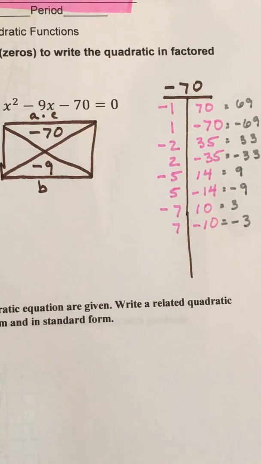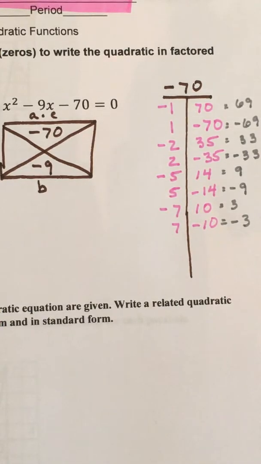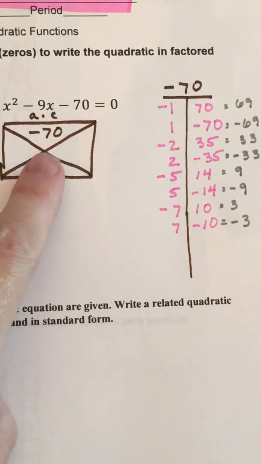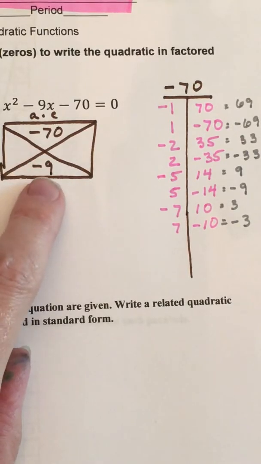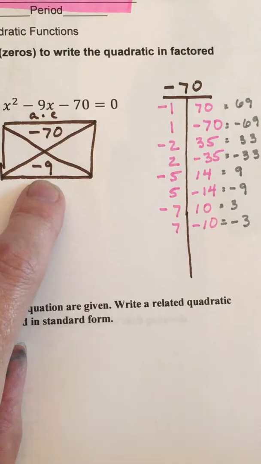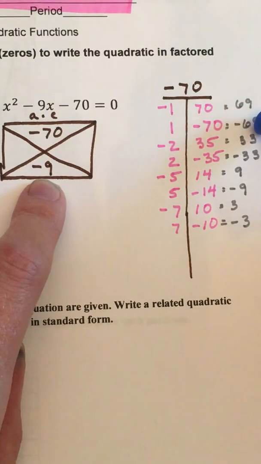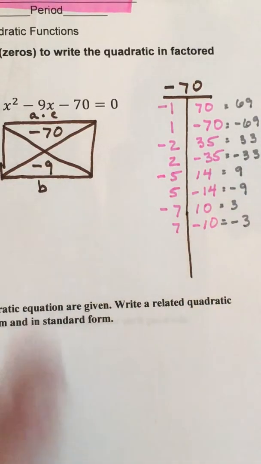Why do I do this? I don't get it. It's okay. What we've been doing on the sly is looking for what two numbers multiply to make -70, but also add to make -9. So I look through, and there's a -9.